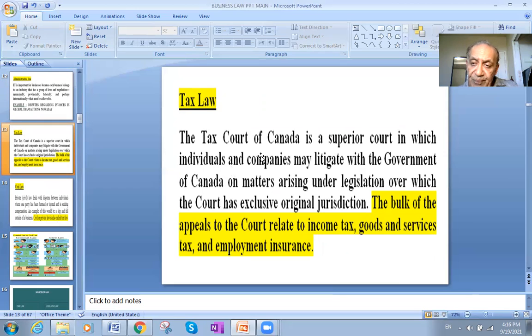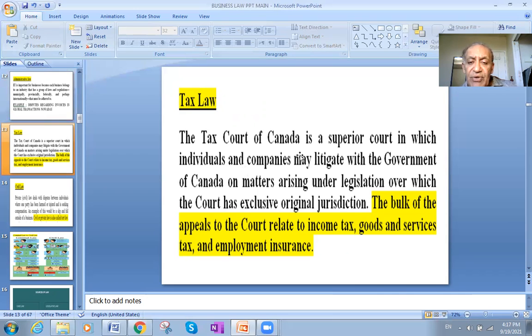Tax law. What do we mean by tax law? The Tax Court of Canada is a superior court in which individuals litigate because of business transactions in Canada. Taxes are of great importance for all Canadians. For that reason, there is tax law and there are separate tax courts that work only for taxes.